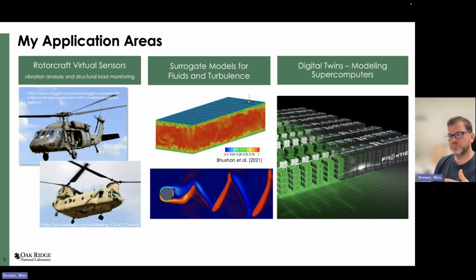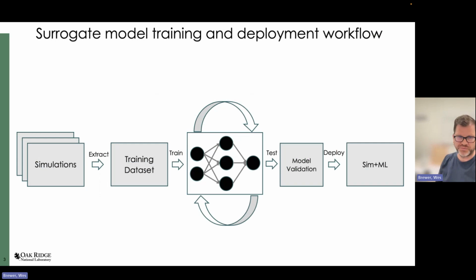But we may also be interacting with different AI/ML models. And so for each of these cases, you basically have a workflow that emerges that's the same kind of workflow. And so in general, you're running many simulations to actually generate data, although for the rotorcraft, we're using flight test data.